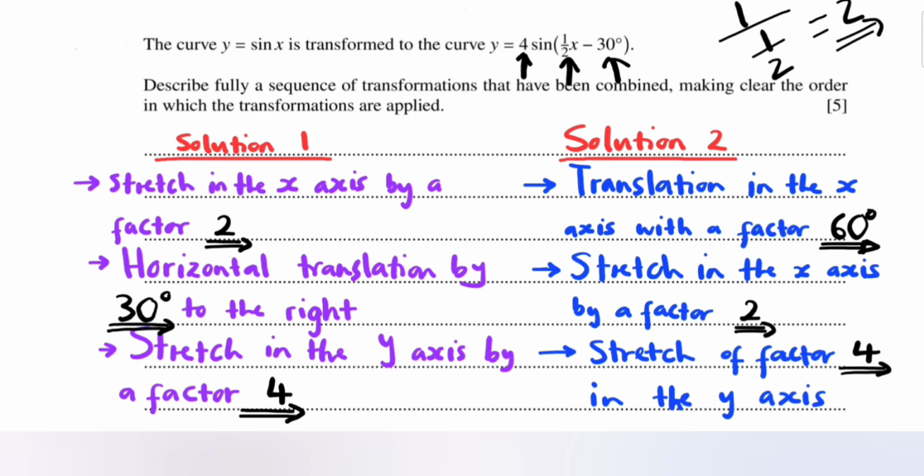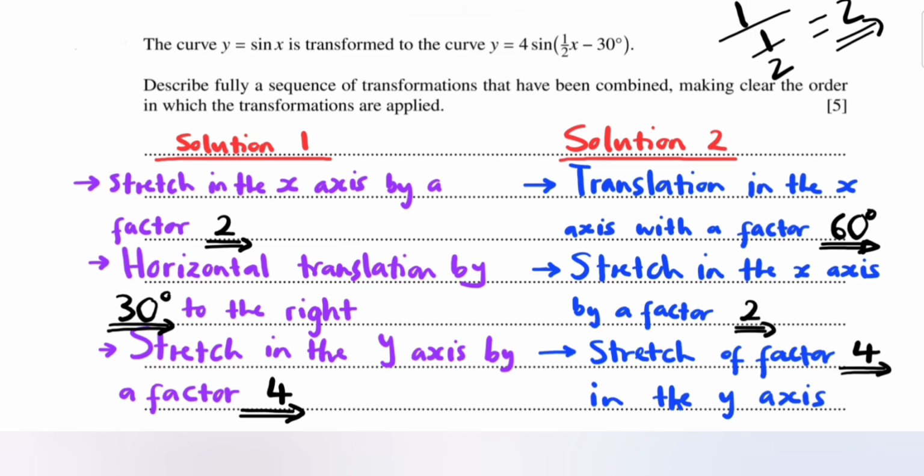It says there is a translation in the x-axis with a factor of 60 first, then a stretch in the x-axis by a factor 2, then lastly a stretch of factor 4 in the y-axis. So let me try and explain the difference between these two solutions.